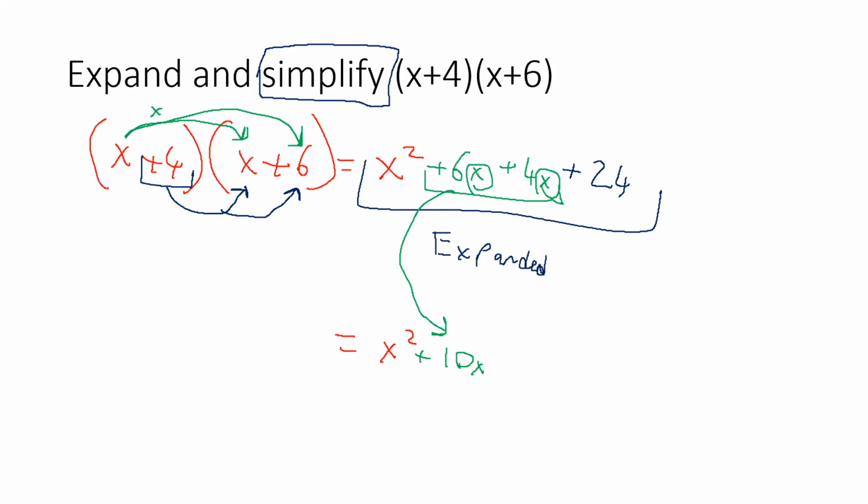And then we just add the plus 24 at the end, because the plus 24 doesn't have anything else. You can't add a 24 to any of the x terms. You can't add an x squared term to any of these. So our final expansion is x squared plus 10x plus 24.